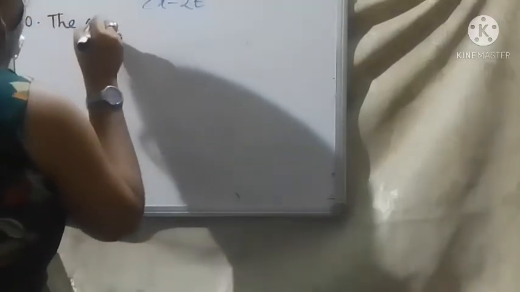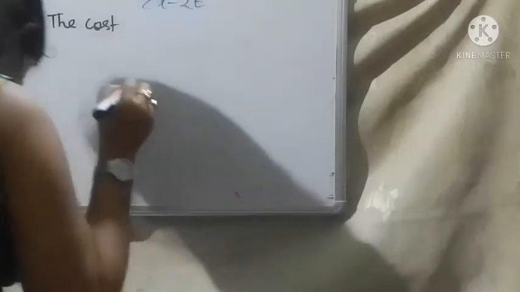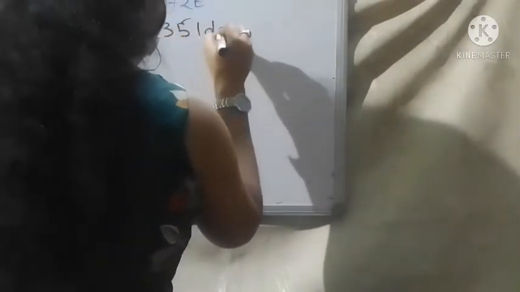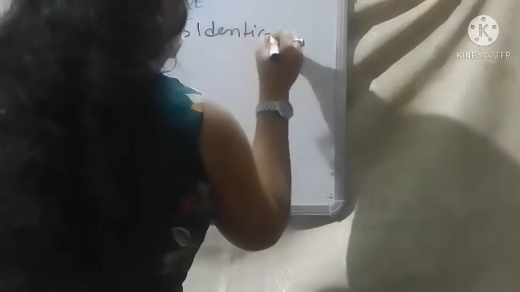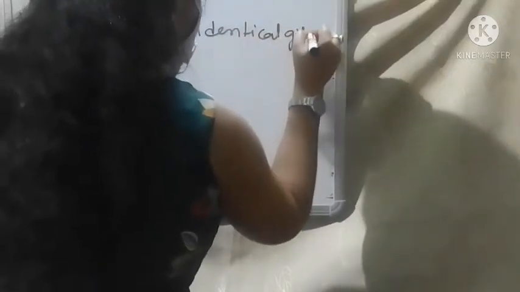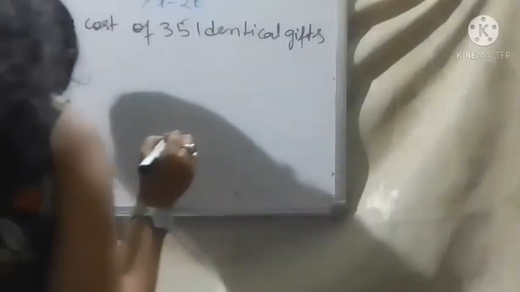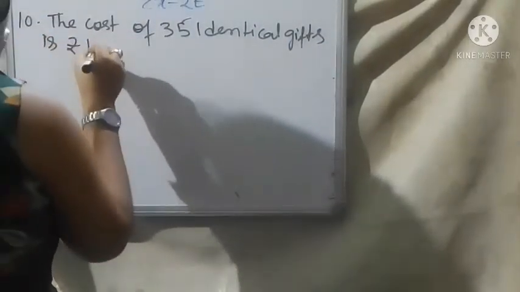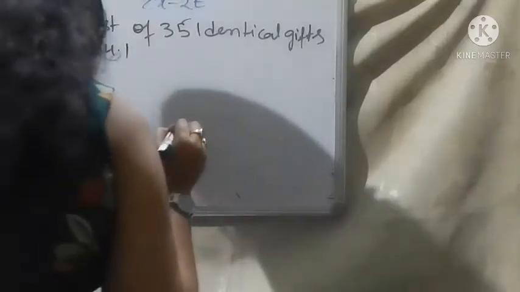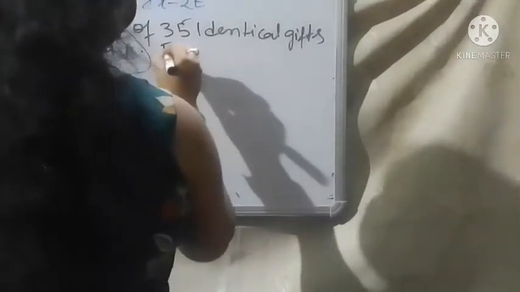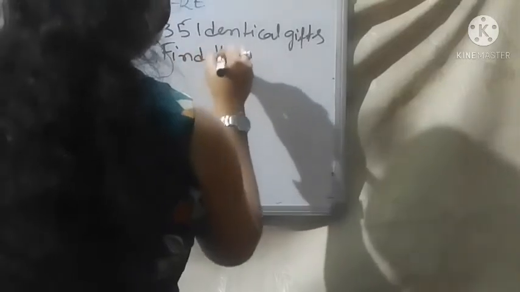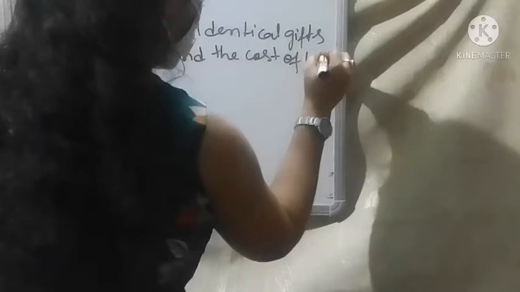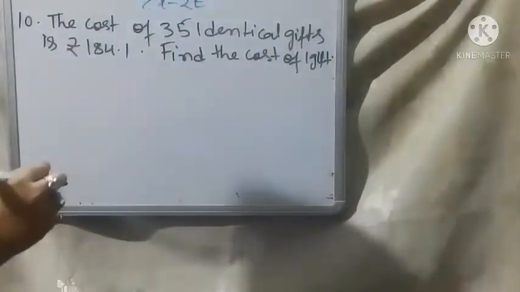The cost of 35 identical gifts is rupees 184.1. Find the cost of one such gift. Okay, I have already given you the cost of 35 gifts.